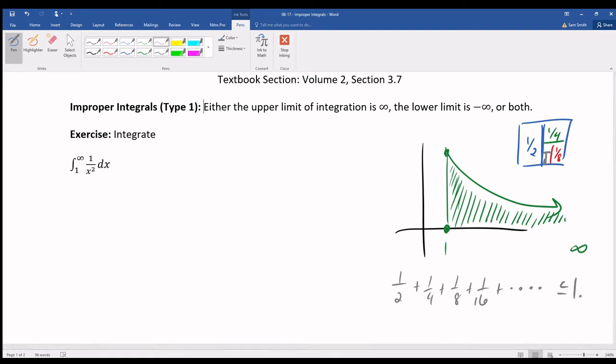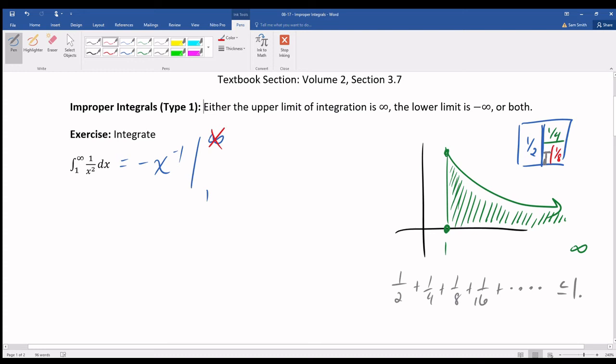We're going to begin this in the same way that we would begin any definite integral, by finding our favorite antiderivative using the power rule. But it's inappropriate for us to quote-unquote plug in infinity, because infinity is not a number and cannot be plugged in.